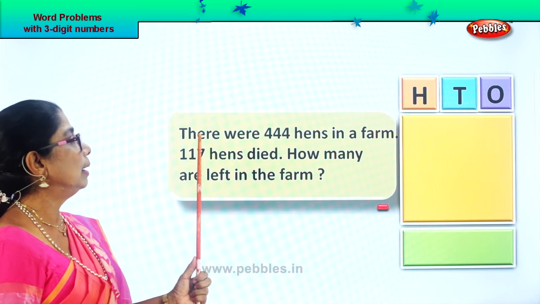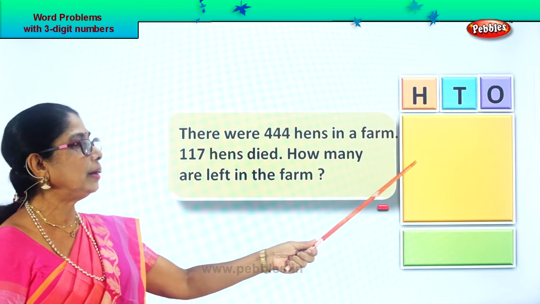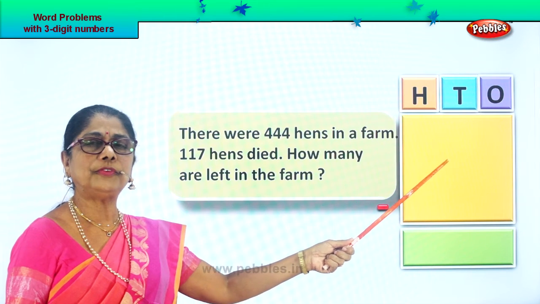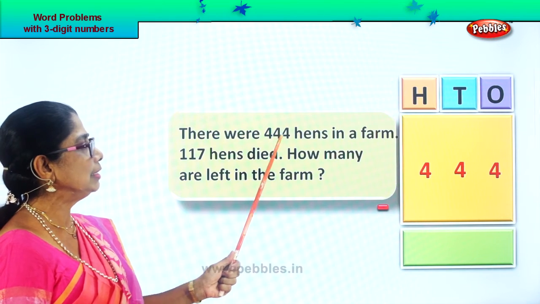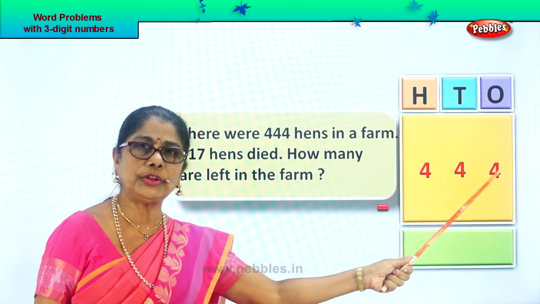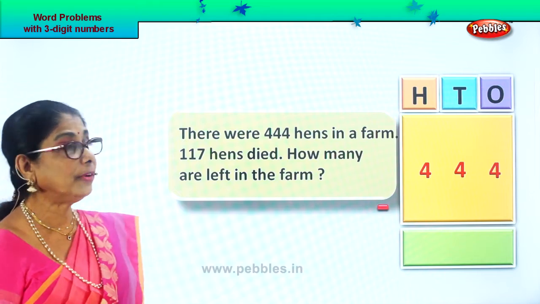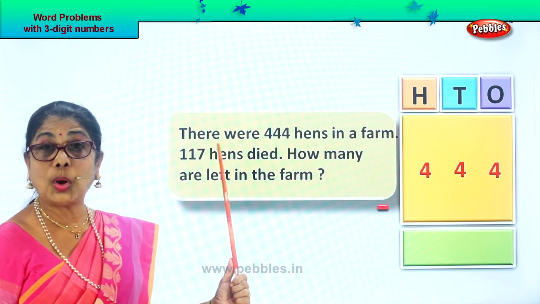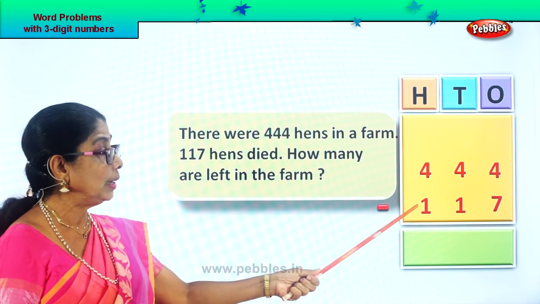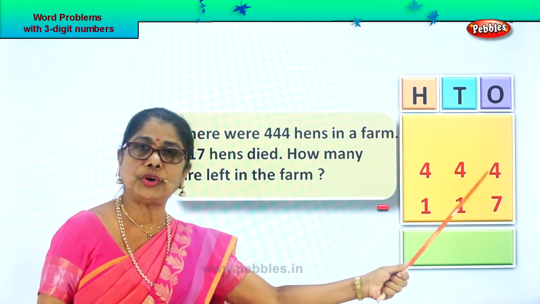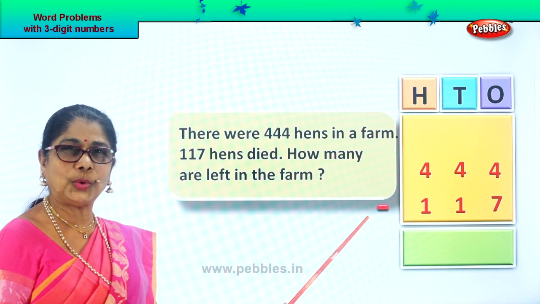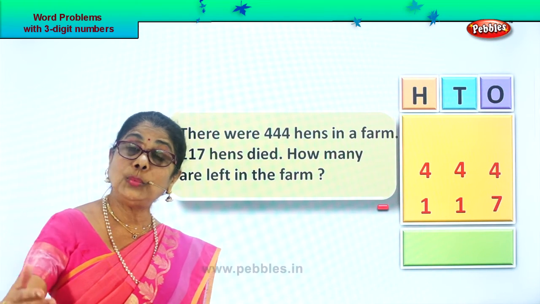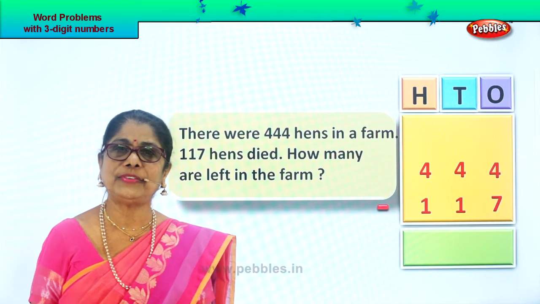Let's write. The total number of hens in the farm, 444. We write it here. Number of hens that died, 117. 444 take away 117 will give you the number of hens left in the farm.